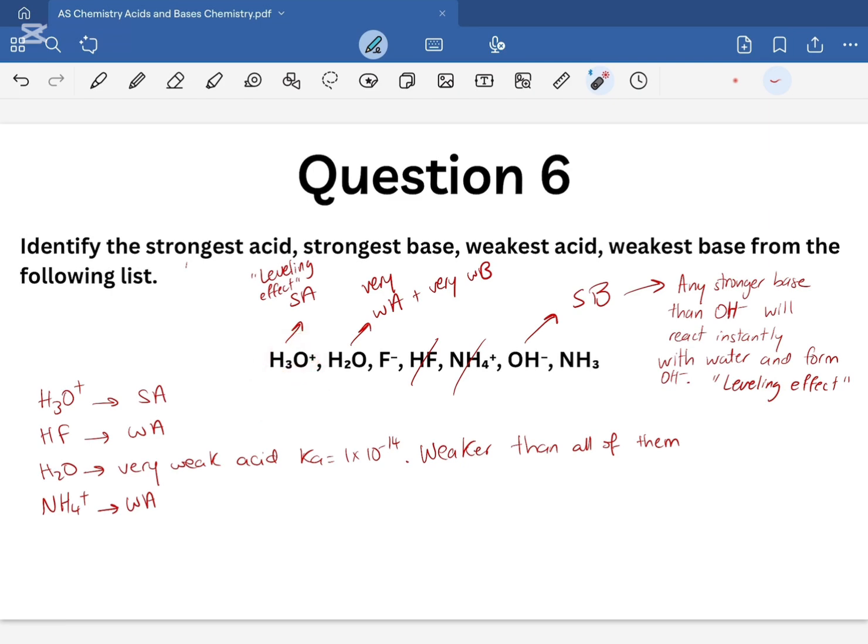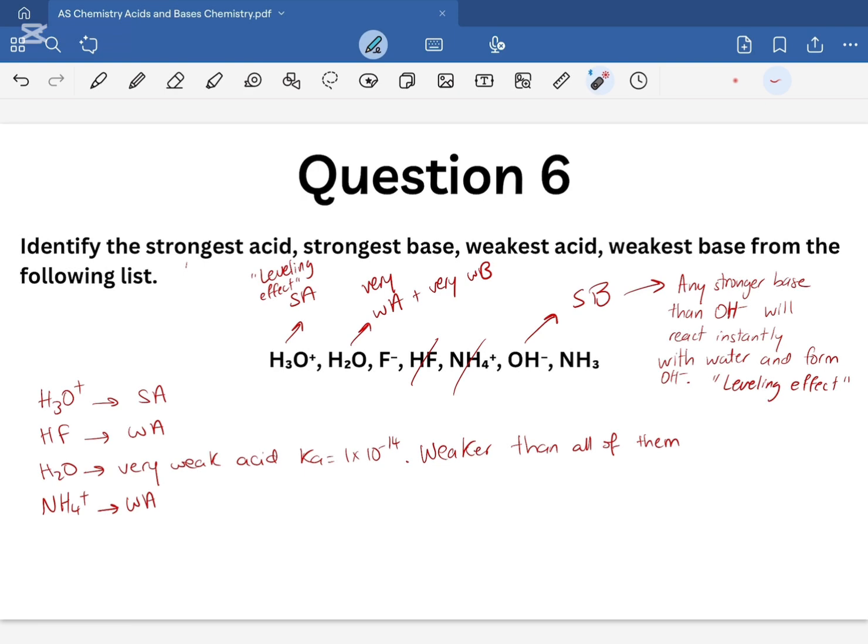It's not going to remain free in water. It's going to become instantly H3O+. And we need to know that the strongest base is OH-, as any stronger base than OH- will react instantly with the water and form the OH-. And we refer to this as the leveling effect. Therefore, the strongest acid and the strongest base are going to be H3O+ and OH- respectively.